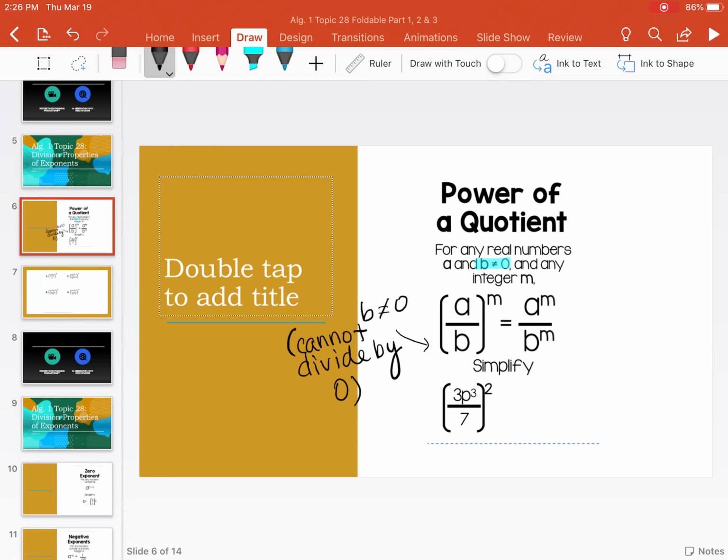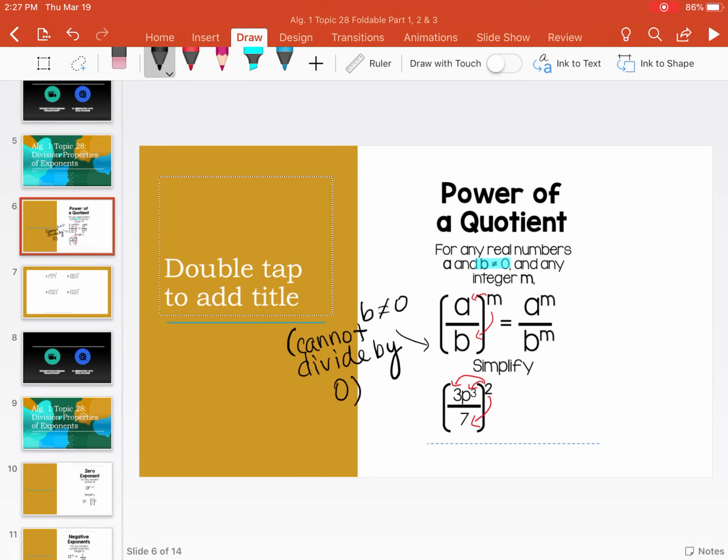So if we have a divided by b all raised to the m, basically what we're doing here is applying our exponent to every term, whether that be in the numerator or the denominator. If we go with our example, we have 3p cubed divided by 7 all squared. So we're going to apply this squared to the 3, to the p variable, and also to 7.